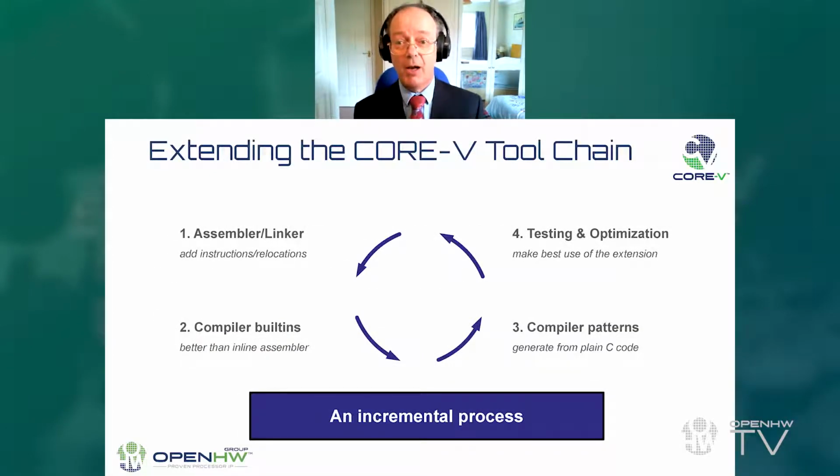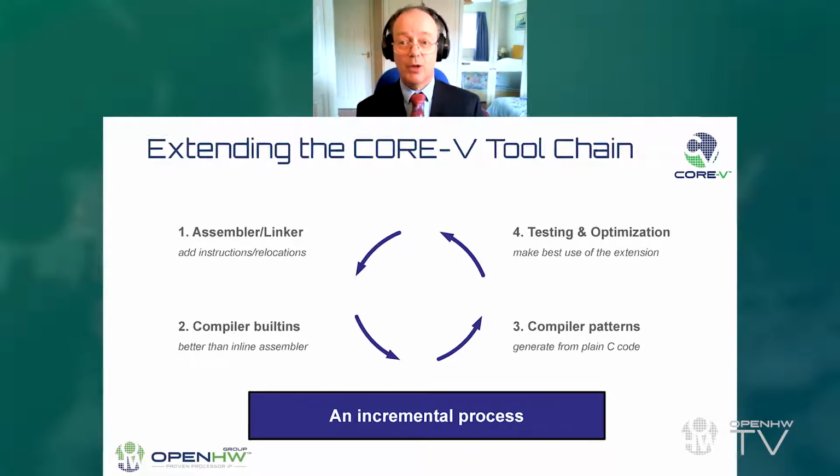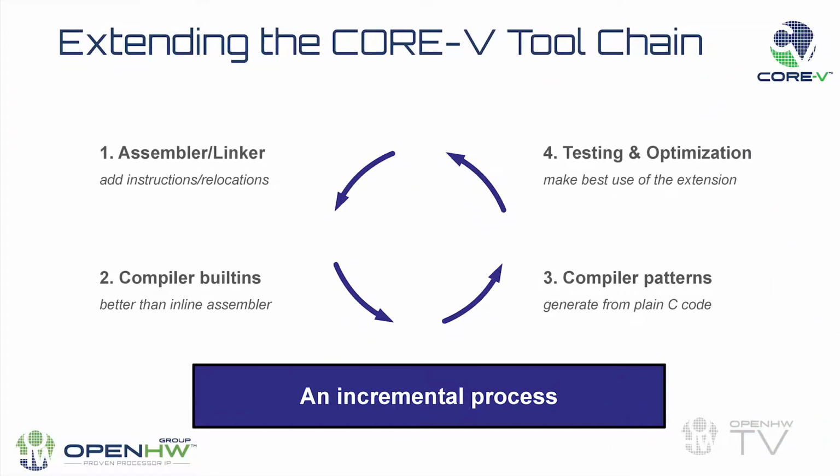To extend the compiler for a custom Core-V extension interface extension, we adopt an incremental approach. We first develop the assembler and linker, which can be used within C and C++ via the inline assembler. We then add compiler built-in functions. Because the compiler has full insight into the semantics, these are more efficient than inline assembly code and can dovetail with other optimization patterns.